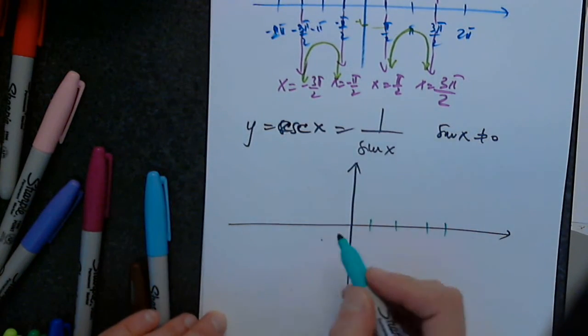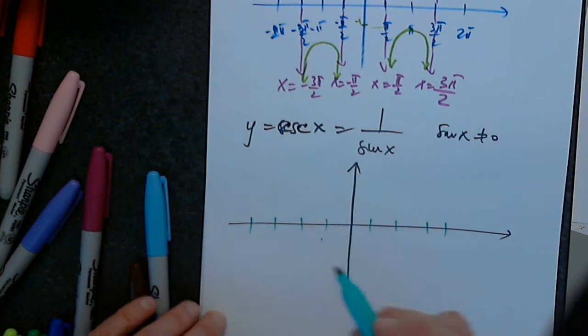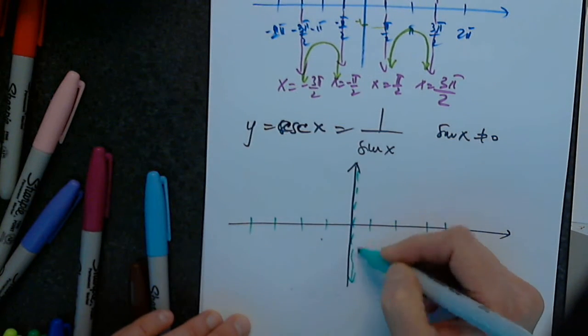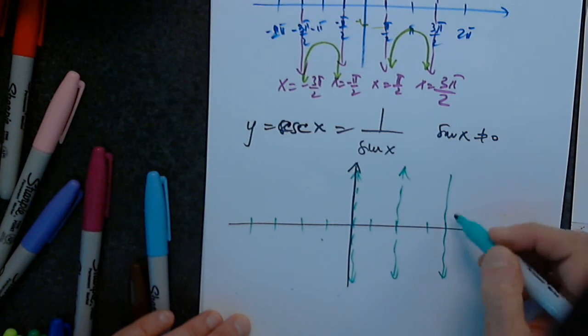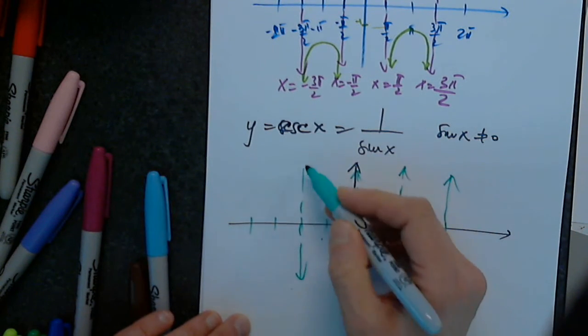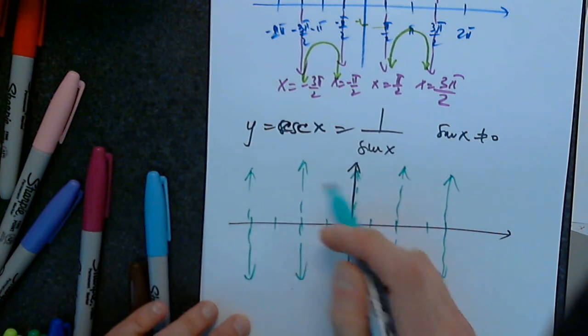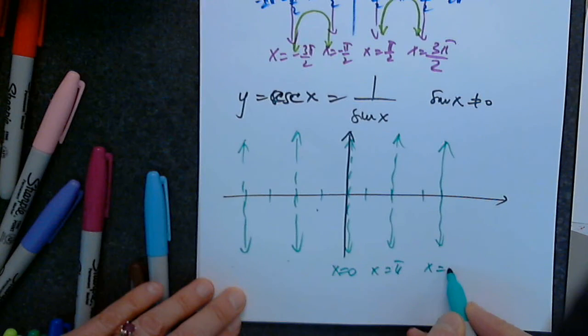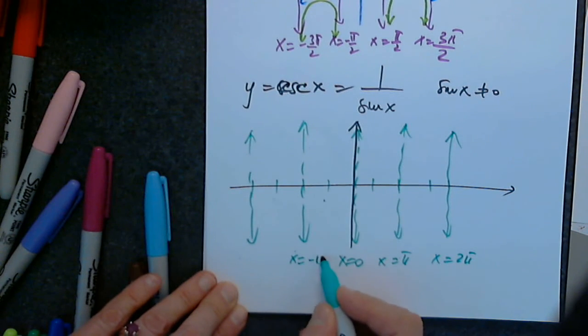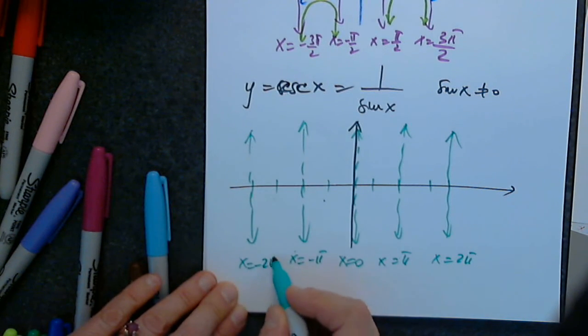Sine is 0 at 0, indeed at pi, 2 pi. So x equals 0, x equals pi, x equals 2 pi, x equals -pi, and x equals -2 pi.